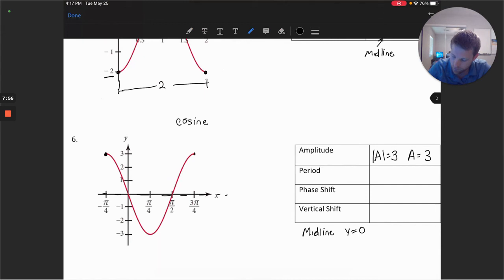The period, let's consider the period for one moment. When we start and where we finish, this is going to be a full pi units from where we start and finish our complete cycle. So the period here is equal to pi, meaning my b value is going to be 2, because we can make 2 cycles in a full 2 pi and a single cycle in only pi units.